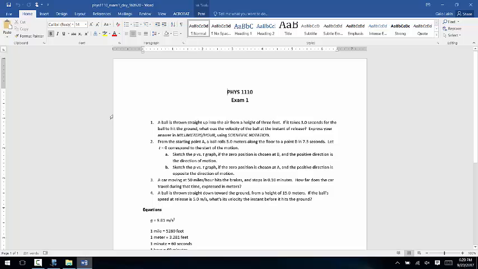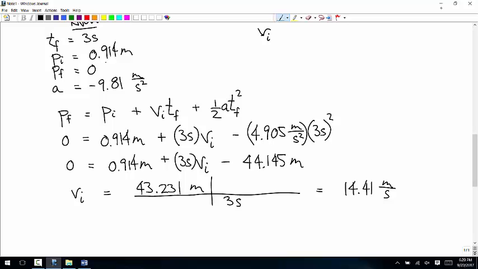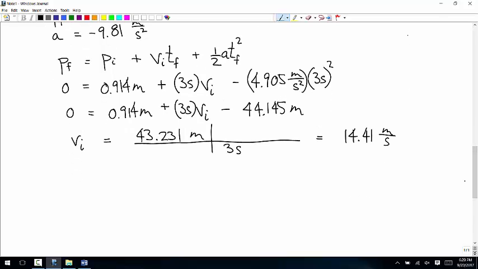And then it asks for it in millimeters per hour, scientific notation. Well, 1 millimeter is equal to 1 times 10 to the minus third meters. And 3,600 seconds is 1 hour.